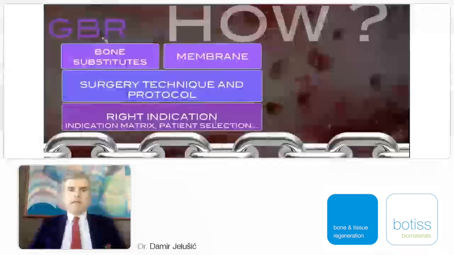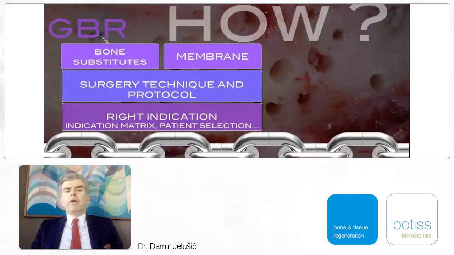So let's go on and try to respond to these important questions, and at the end say how we should do the GBR, and what the factors are which influence the whole procedure, and in the end a successful treatment and a satisfied patient. We need a few things. It's like a chain. We need a few rings, and you can count them from the top or from the bottom.